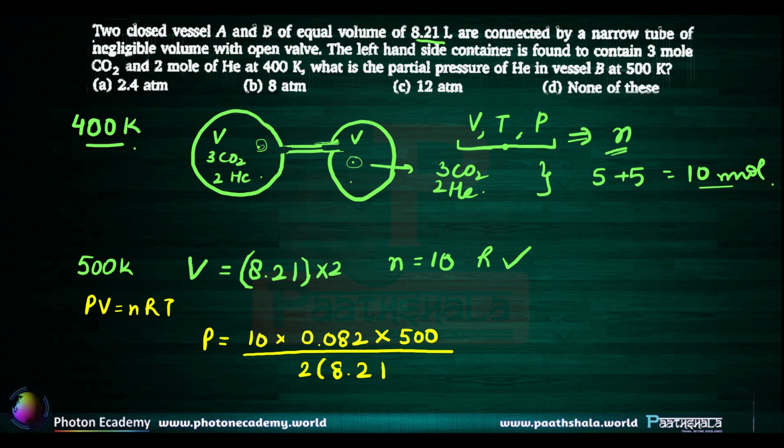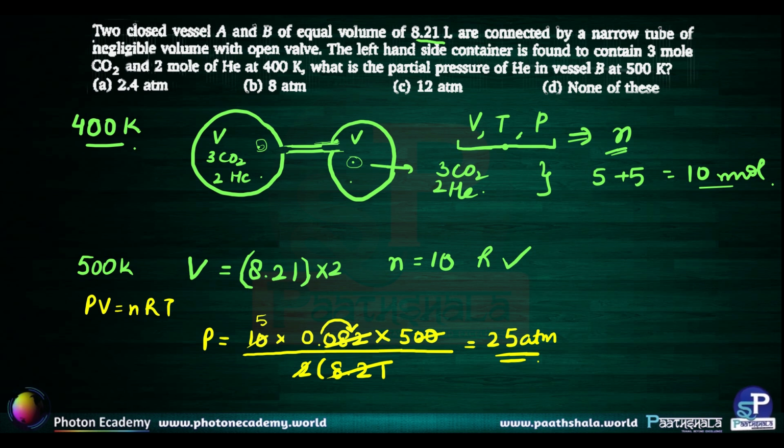We have 3 zeros here, and due to these 2 zeros, the decimal point would go here and it will be cancelled with 8.21. The 2 gets cancelled with this, and this comes out to be 25 atm. Okay, so this is the total pressure.